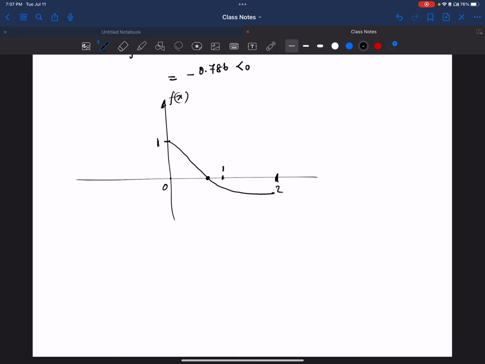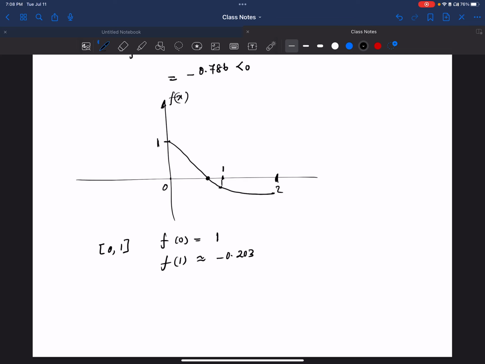So how do I bisect? The midpoint is 1. So you take the interval 0 to 1. When you take the interval 0 to 1, f of 0 is again 1, f of 1 is approximately equal to negative 0.03.